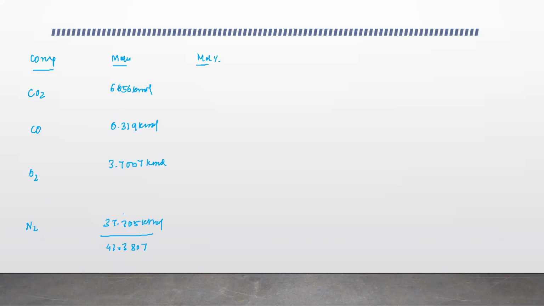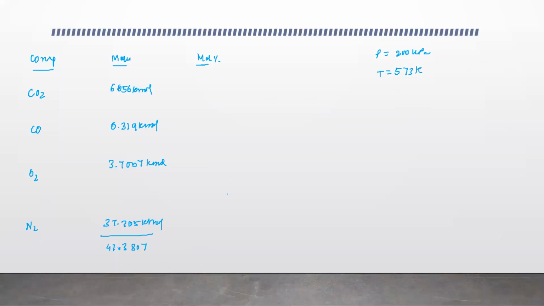Now, suppose in the question they had asked you to find the volume of the flue gas, and told you that the flue gas is coming at a pressure of, let's say, 200 kilopascal and at a temperature of 573 Kelvin.